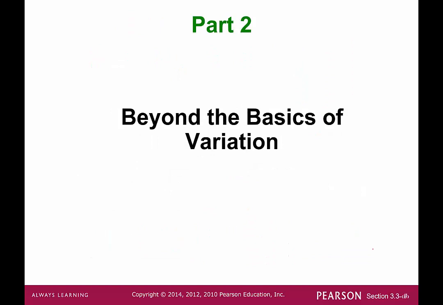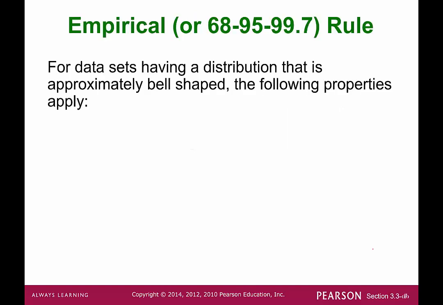Now let's take a look at some other concepts with respect to variation. Okay, so we have the empirical rules: 68%, 95%, 99.7%, three different values.